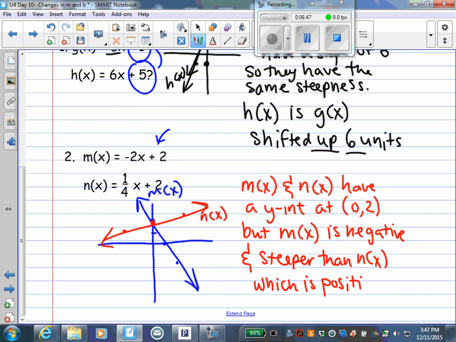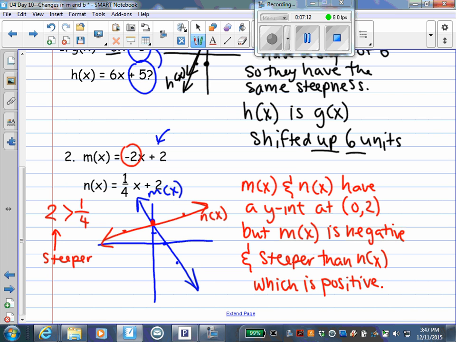And I know that M of x is steeper because negative 2, if I ignore the negative, 2 is a bigger number. It's greater than 1/4. And so, therefore, it is steeper because we're just looking at the absolute value of those numbers. All right, so hopefully that makes sense to you and goes along with what you saw in class.